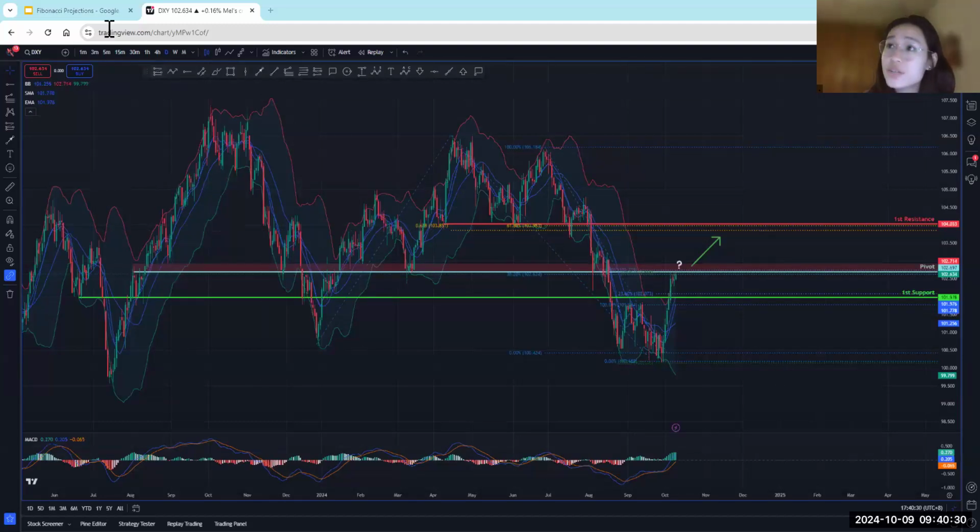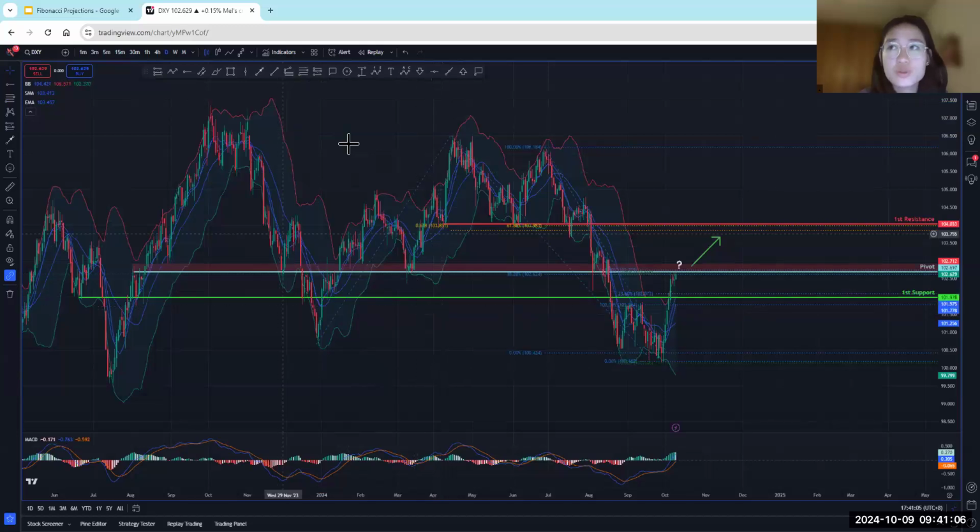This is TradingView. It's just tradingview.com here. But if you use MT4 to trade, they also have these symbols and they look relatively similar as well. So just remember for your projections, you are using 3 points. For your retracement or any of the other techniques, we are using 2 points only.